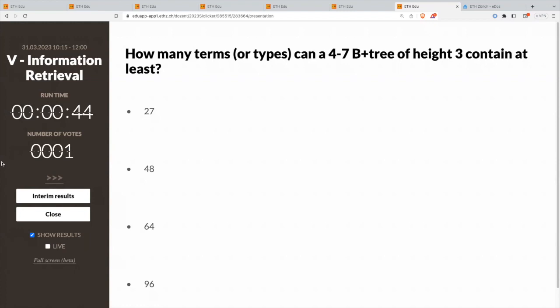So a 4-7 B plus tree, height 3. How many terms can it contain at least? That's the minimum that I'm asking. Last time I asked for the maximum, remember? Now I'm asking for the minimum.